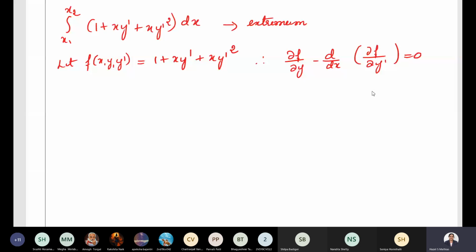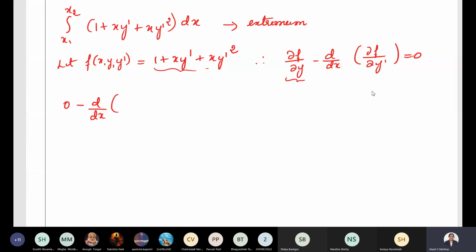Now over here, this f of x comma y dash contains x and y dash terms only. So dou f by dou y will be 0 minus d by dx of dou f by dou y dash. Now differentiate this with respect to y dash.